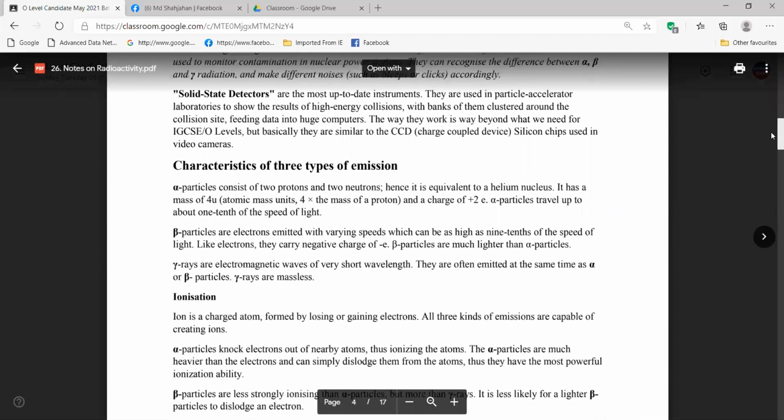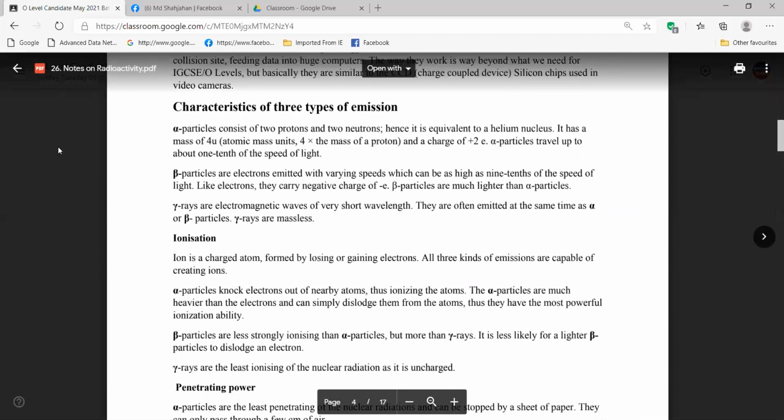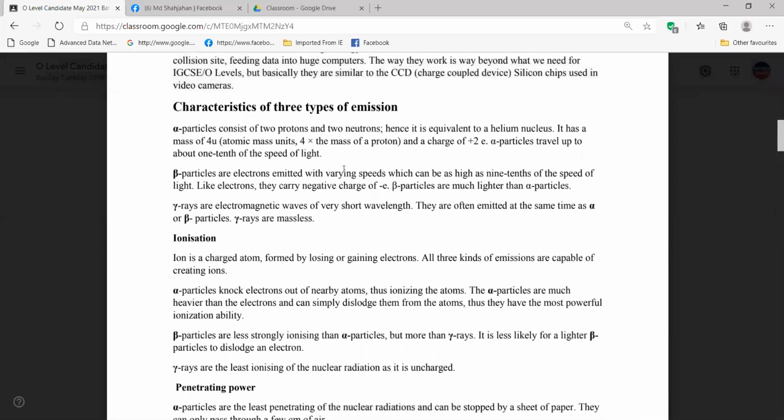So alpha particles have two positive charges, double the charge of beta particles. Though it is the opposite sign, positive, it is double, right? Because of the strength of this charge, it has greater ionizing power. And beta particles have only one charge. That's why they also have ionizing power, but it is less than alpha particles.